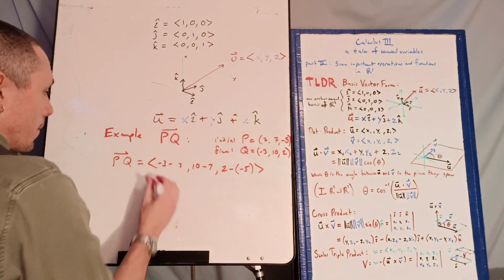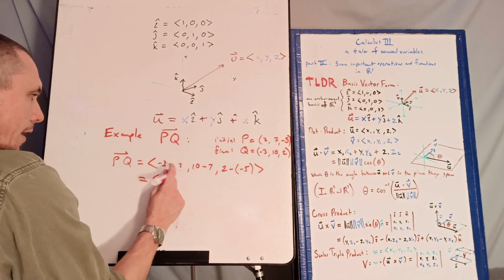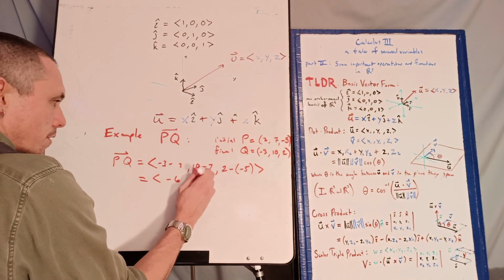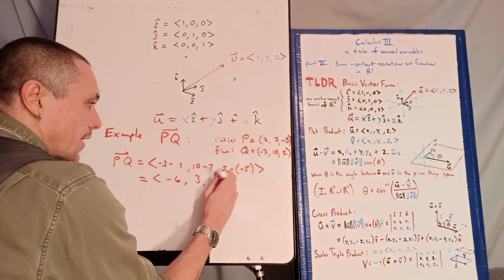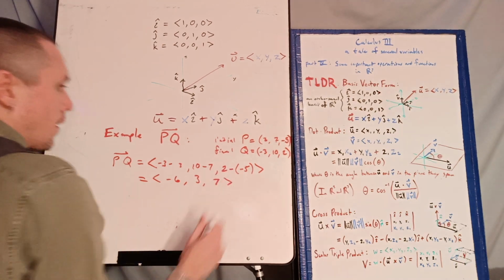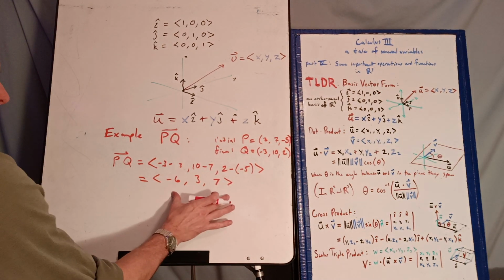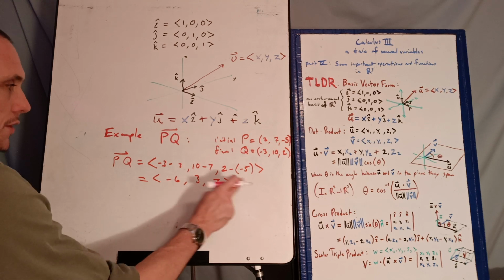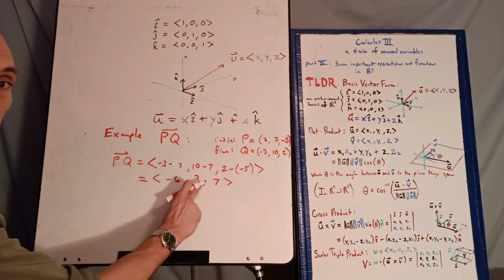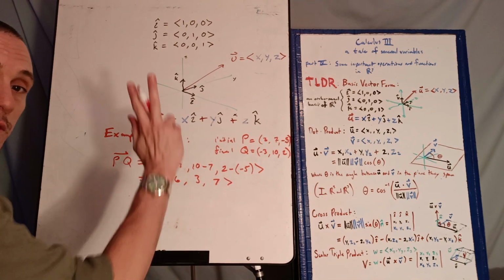And this will be it in component form. So let's just evaluate that quickly. That's -6, 3, and 7. So we would have a vector pointing this way. 6 units in the x direction, 3 units in the y direction, and 7 units up.